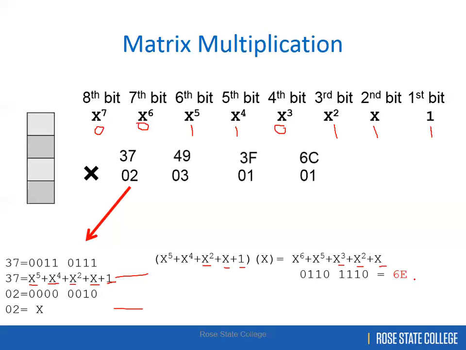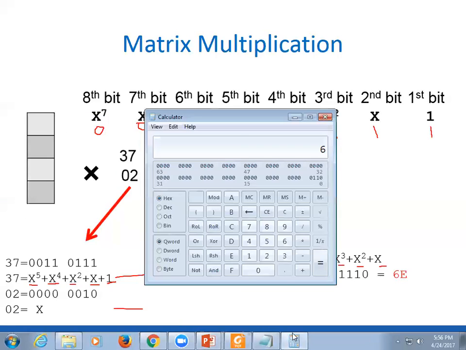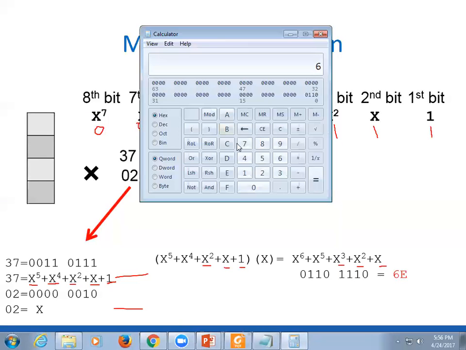So can I take a calculator and multiply 37 by 02 in hex, and then I'll get 60? Let's try it. So we want to do 37, I'll make sure it's on hex, times 2. It's 0, 2.